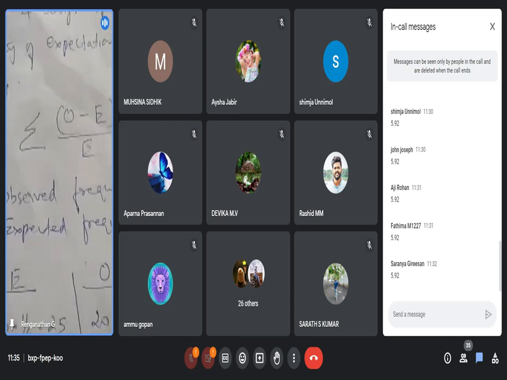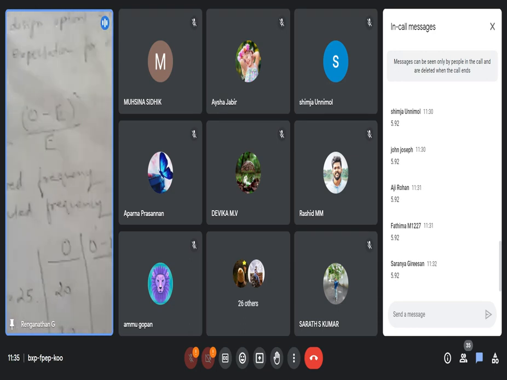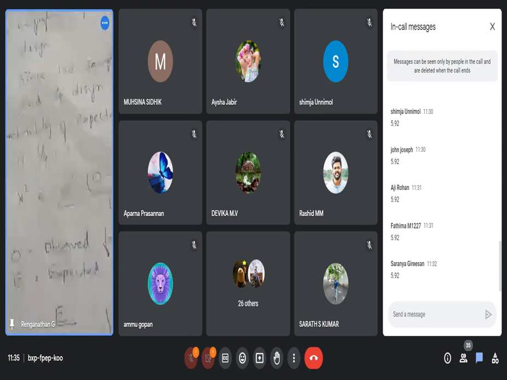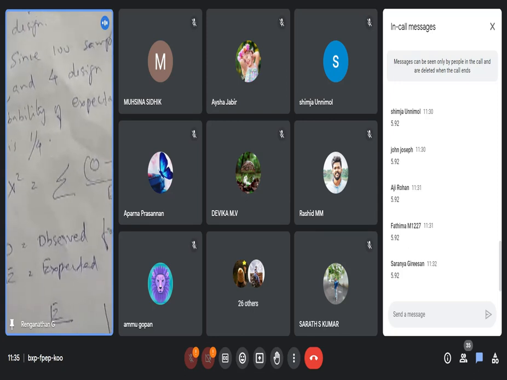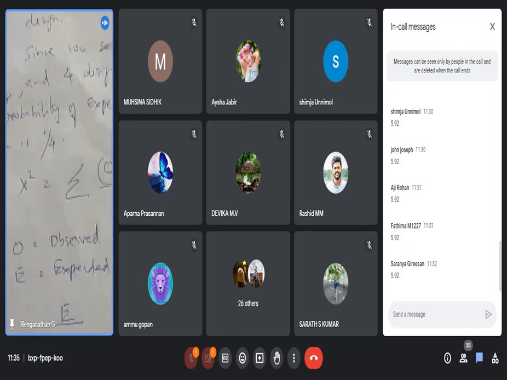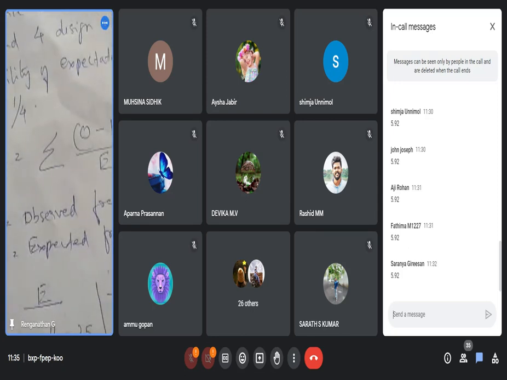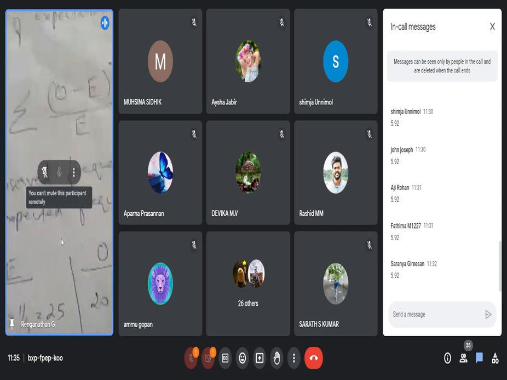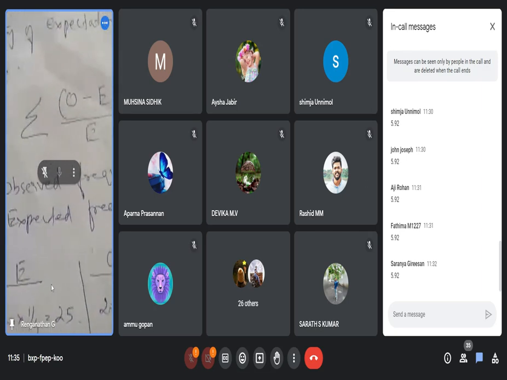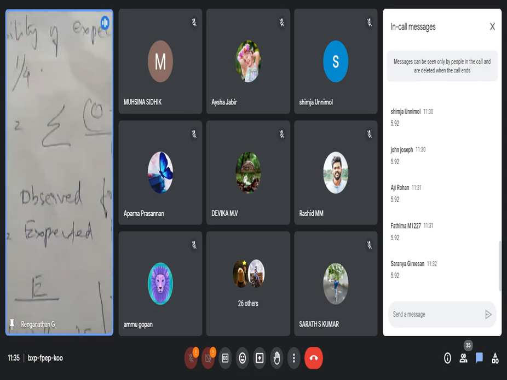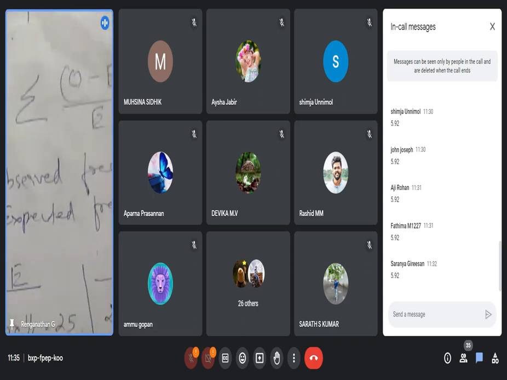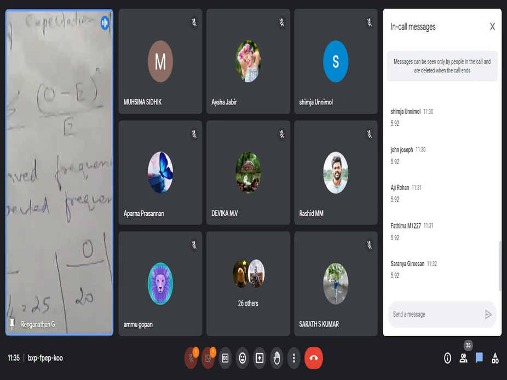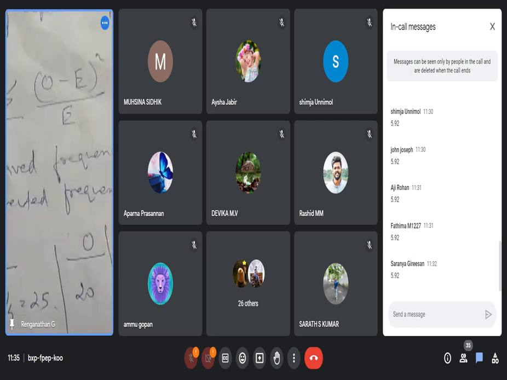The procedure is that the table value should be more than the calculated value. As we can say, the calculated value should be less than the table value. Then the hypothesis will be accepted.